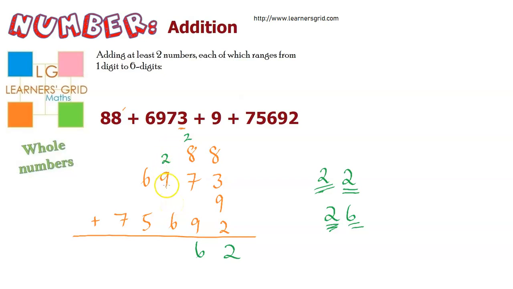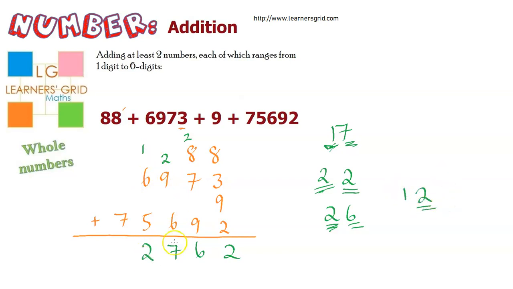We've got 2 and 9, that's 11, plus 6 is 17. So again, the units digit becomes part of the final answer. The digit in the tens column gets carried over to the place value column to the immediate left of the one we've been working in. 1 and 6 is 7, plus 5 is 12. So the same drill.